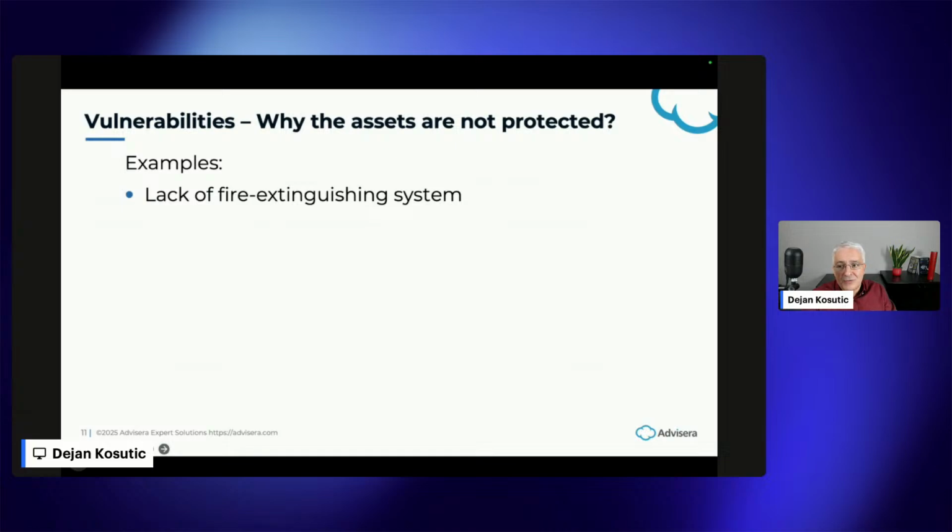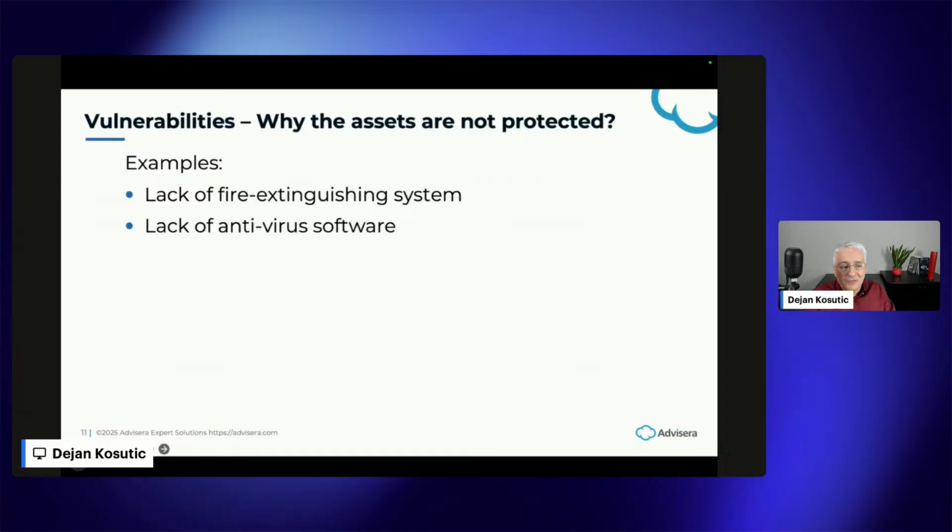For example, if you have an office or a physical server, then a lack of a fire extinguishing system is a vulnerability related to these physical assets, right? Because if you do not have this fire extinguishing system, then the fire could go out of control because there is nothing to protect these assets.